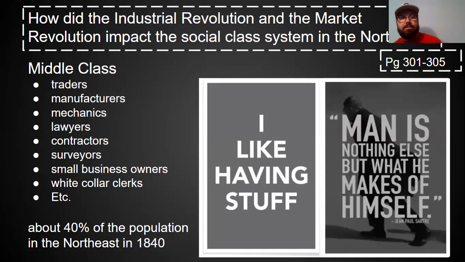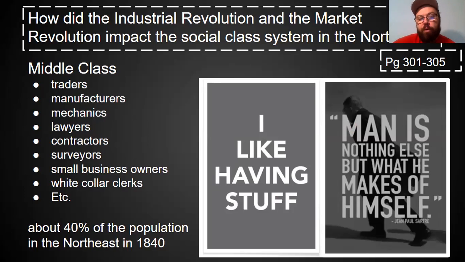The middle class is, like I said, people who are generally college educated, people who are hired by the wealthy business elite to basically run the stuff. So it's like, I don't own the factory, but I manage the factory. I don't own the docks, but I control the imports and exports. I don't own the bank, but I am the guy that manages the bank, right? So again, people who are college educated, who are hired, paid pretty well, probably own their home, et cetera.